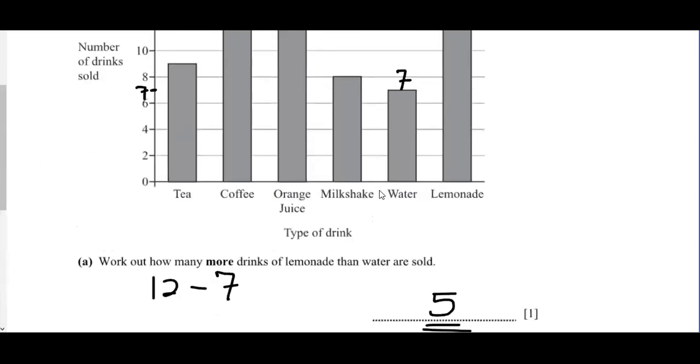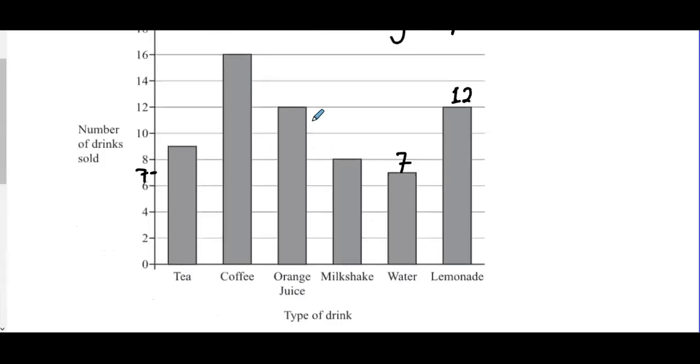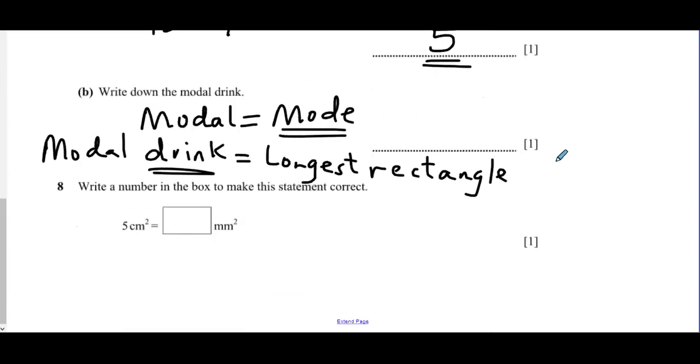So you go back here and check which rectangle out of these is the longest, and then pick the drink which is represented by that longest rectangle. The drink over here is coffee. So the modal drink here will be coffee, and you get your 1 mark there.